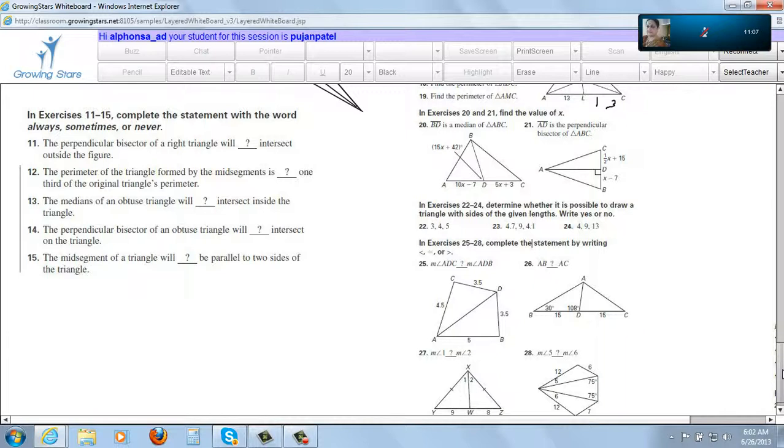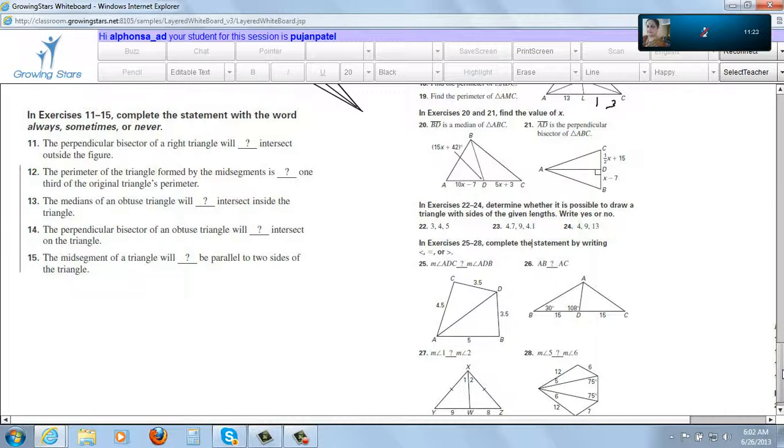It's actually going to go through the point of intersection of the other two perpendicular bisectors. So these are all perpendicular and they meet outside.